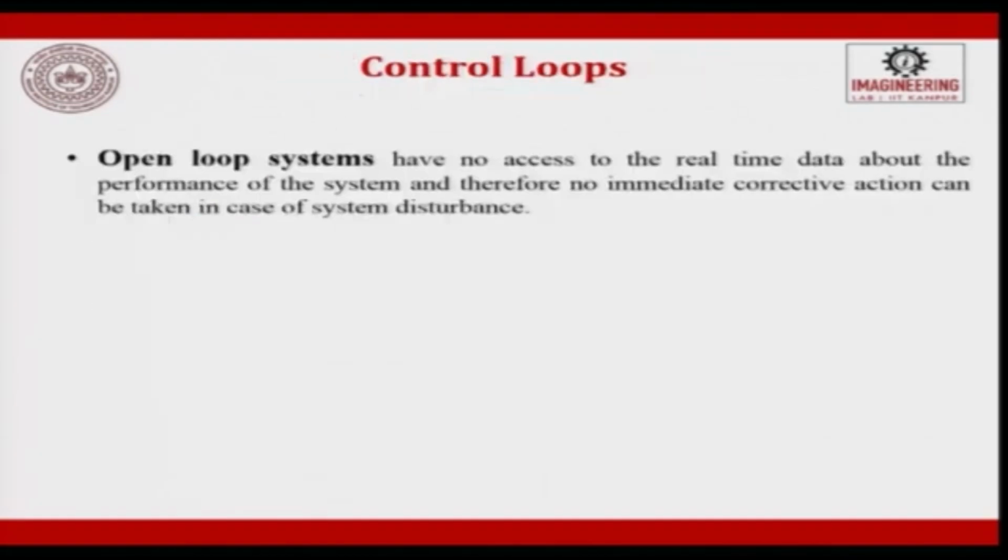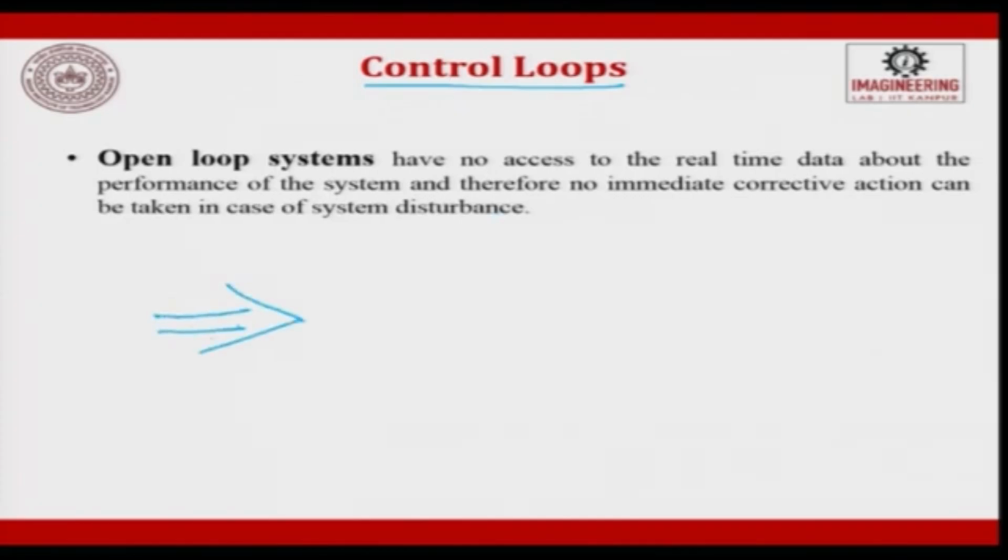So, let us talk about the control loop. Open loop systems have no access to the real time data about the performance of the system, and therefore, no immediate corrective action can be taken in the case of the system disturbance. So, what happens here?